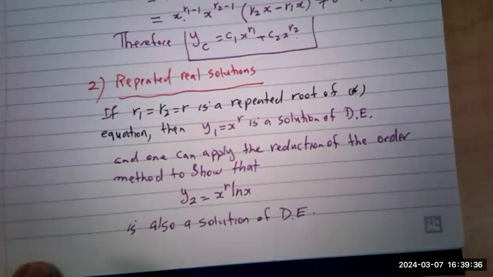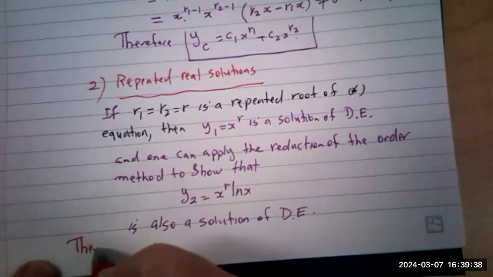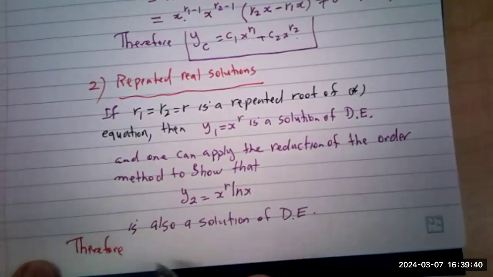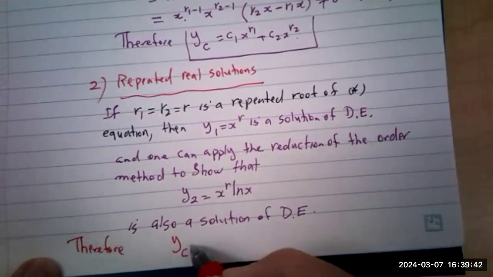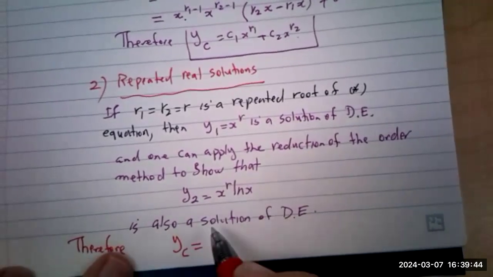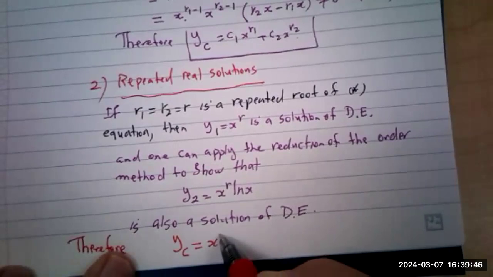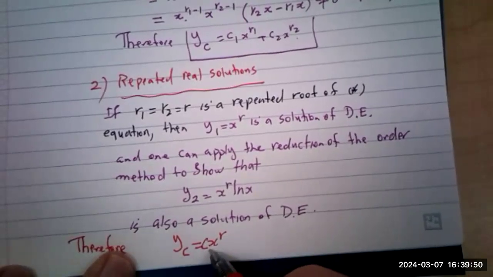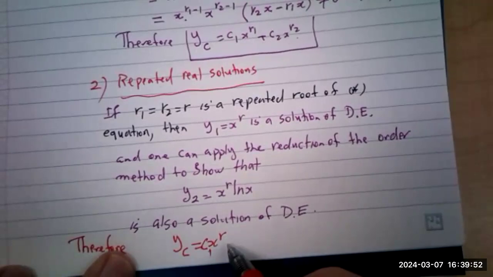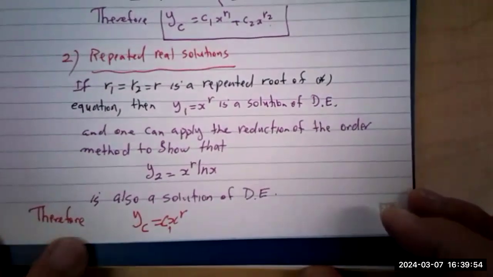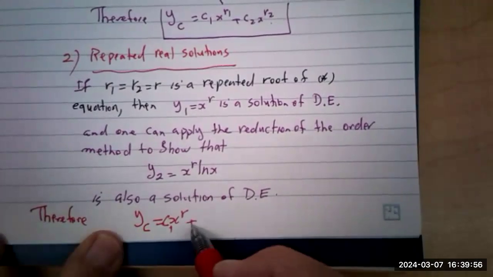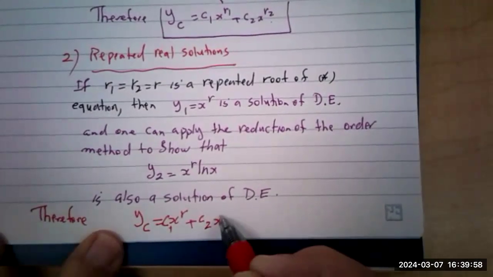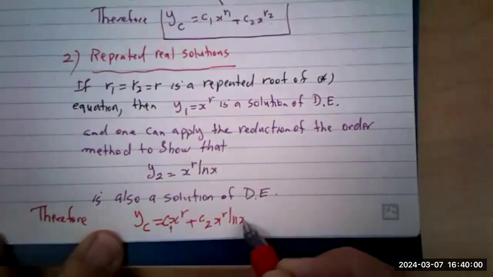Therefore, in this case, what's going to be the yc, the one that we have to memorize and use? The first solution is C1 x to the r, plus C2 x to the r ln of x.